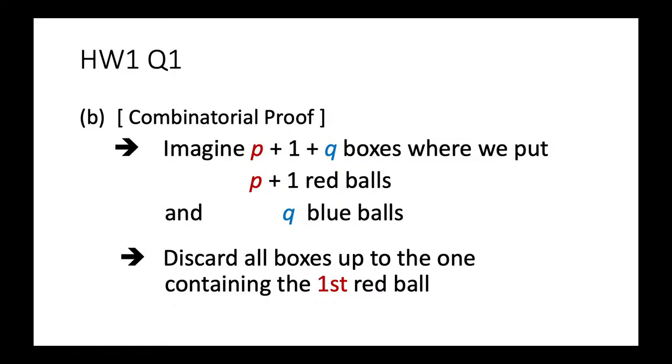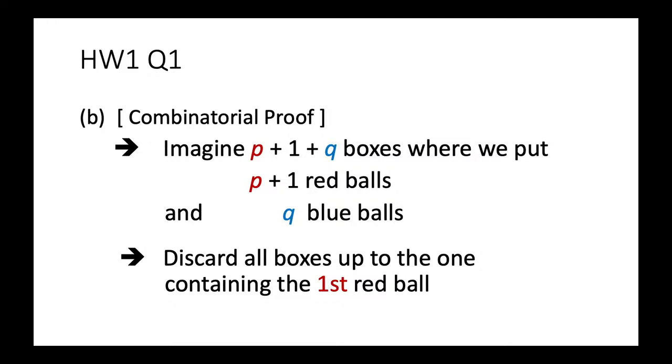Here, let us imagine that we have altogether p plus 1 plus q boxes. We are going to put exactly p plus 1 red balls and q blue balls into these boxes, each box holding 1 ball. After we put the balls, we are going to discard all the boxes up to and including the first one that contains a red ball.